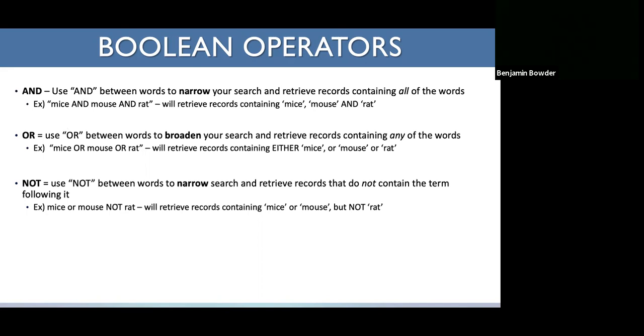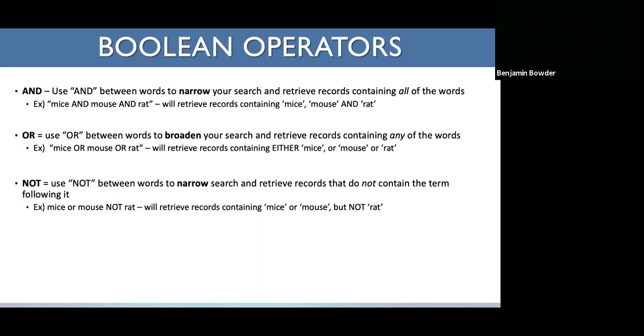But contrary to that is or. So if you use the word or in between your search terms, this will broaden your search and retrieve records containing any of the words, so mice or mouse or rat. And then if you use the word not between words, this will narrow your search and only retrieve articles that do not contain the term following it.